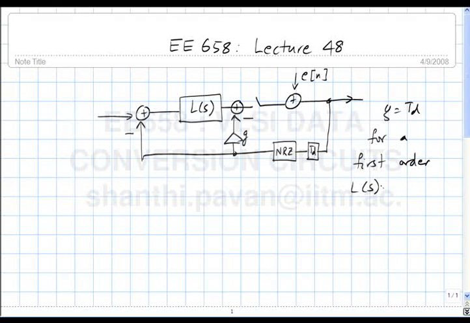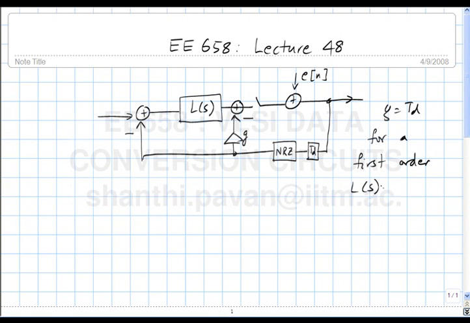The intuition behind why you need to add a direct path was covered yesterday. And as I said towards the tail end of yesterday's class, this excess delay becomes an even more severe problem when you have high order loop filters.